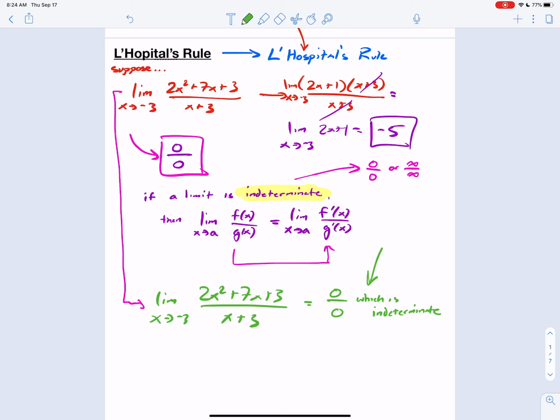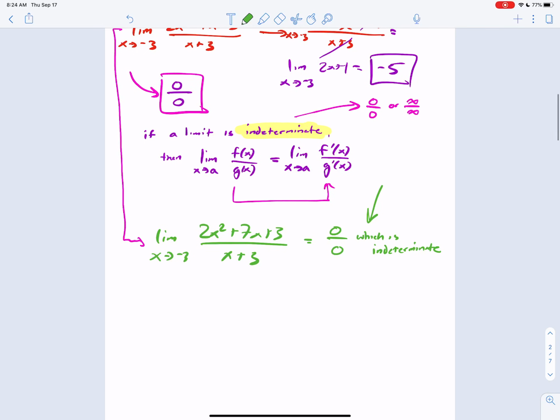So first, we already met the conditions of L'Hopital's rule. So now, we could just take the derivative of each. This is not the quotient rule, okay? So the limit as x approaches negative 3, I'm going to go ahead and take the derivative of the numerator here. Go ahead, press pause, and play when you're ready.